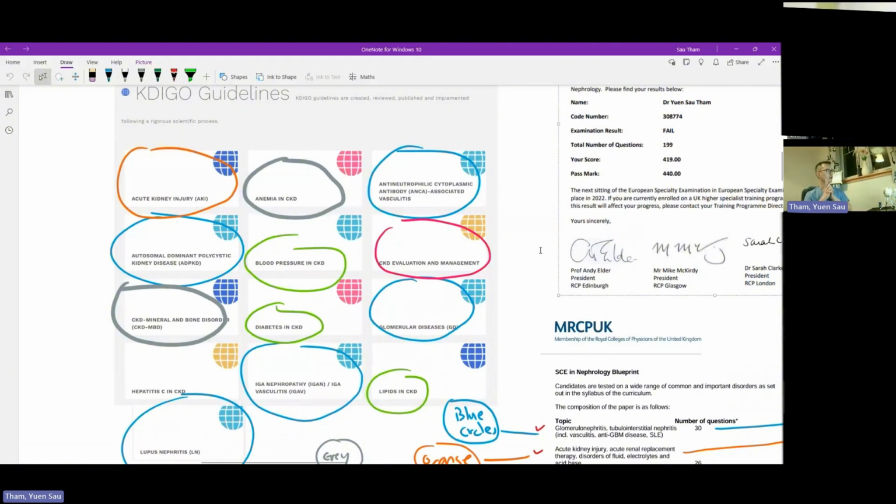One thing I want to point out as well is that the ESENeph is a clinical exam. It's not a pathophysiology science-based exam. So if you were like me, when I was studying for the first exam, I was focusing a lot on pathophysiology. What were the channels in the principal cell? What were the channels in the proximal cell? What does furosemide do to the loop of Henle? What channel does it affect?